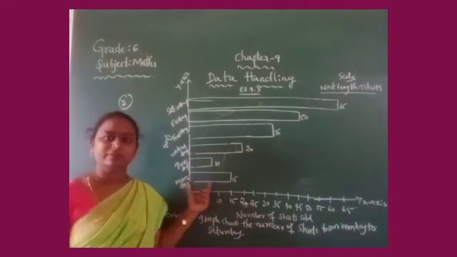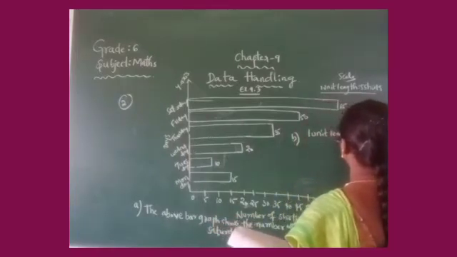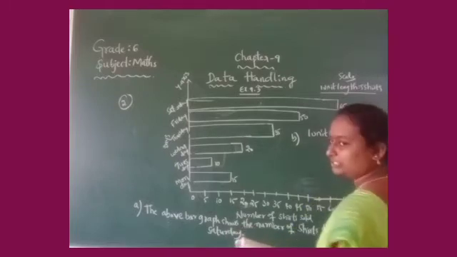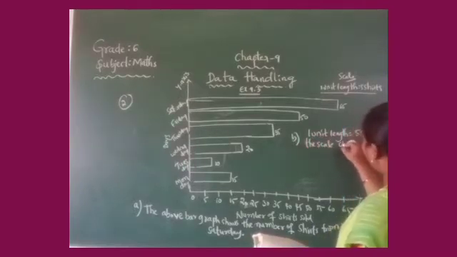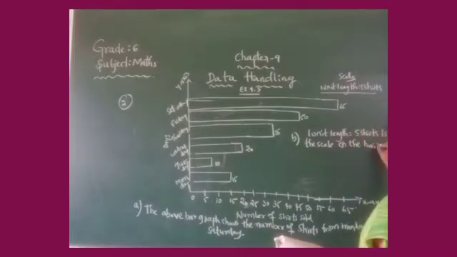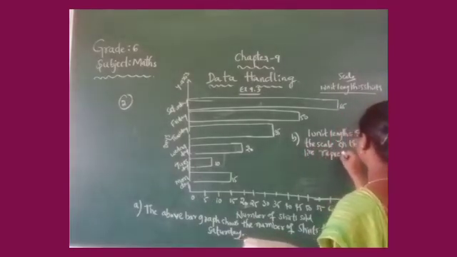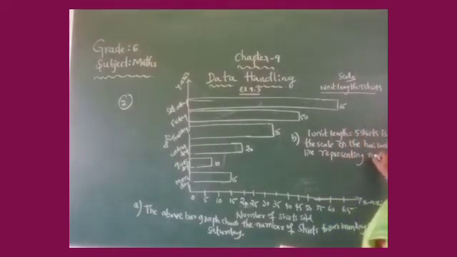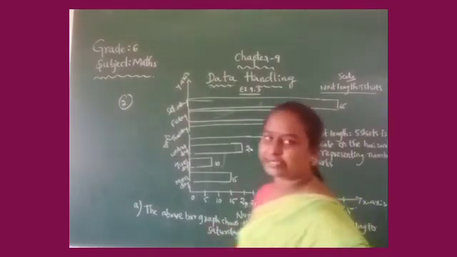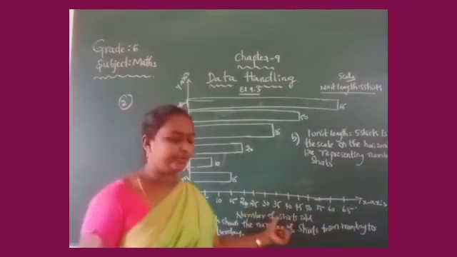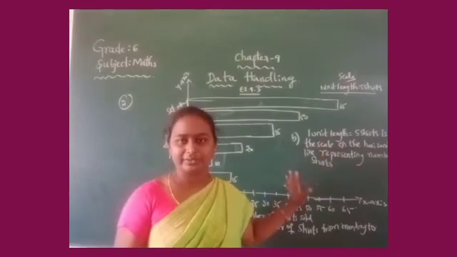So write: 1 unit length is equal to 5 shirts is the scale on the horizontal line representing the number of shirts.